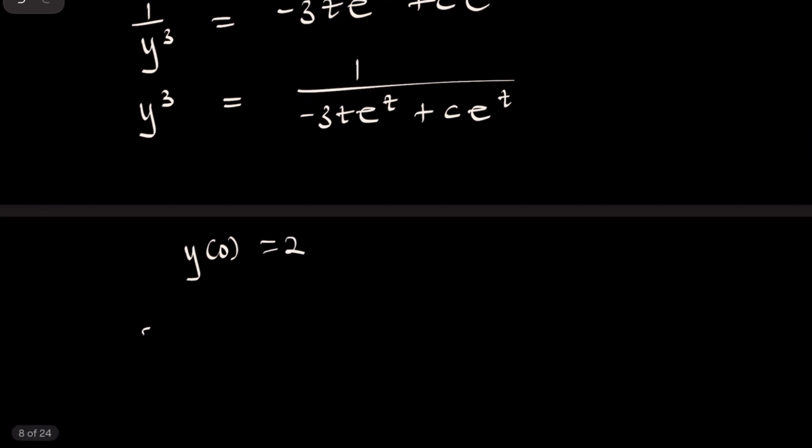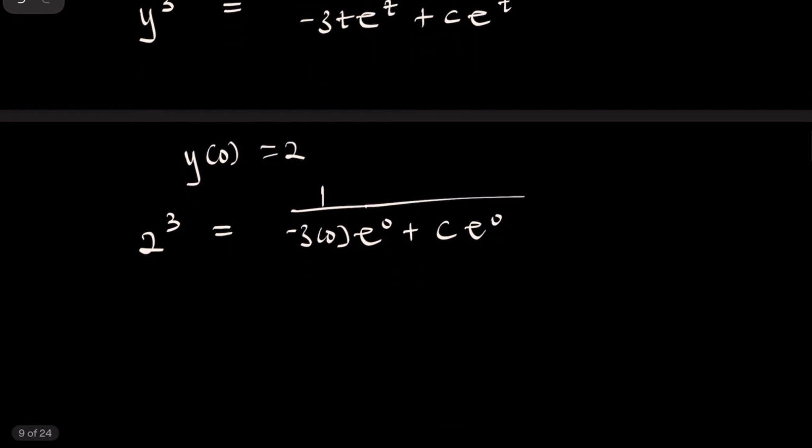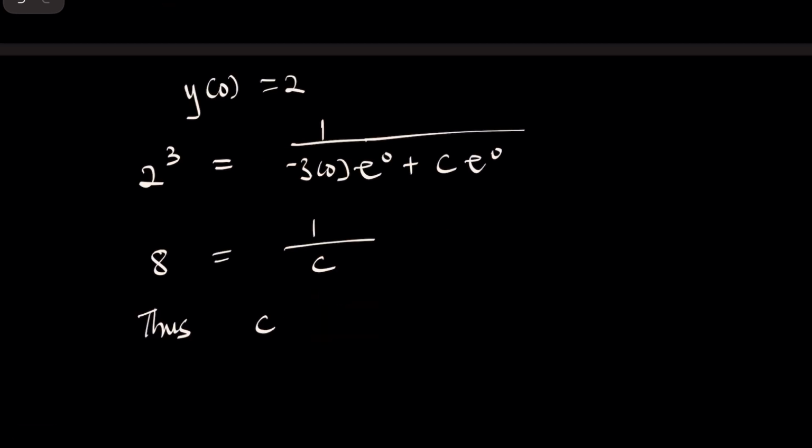And so we are going to have 2^3 equal to 1 on minus 3 times 0 e^0 plus c e^0. So we are going to have 8 equal to 1 on c. Thus c is equal to 1 on 8.